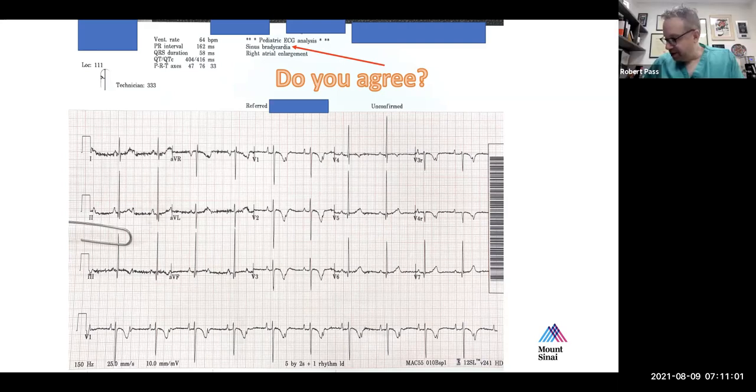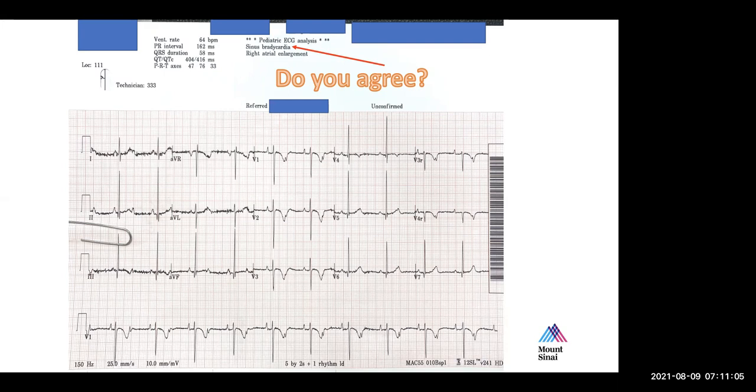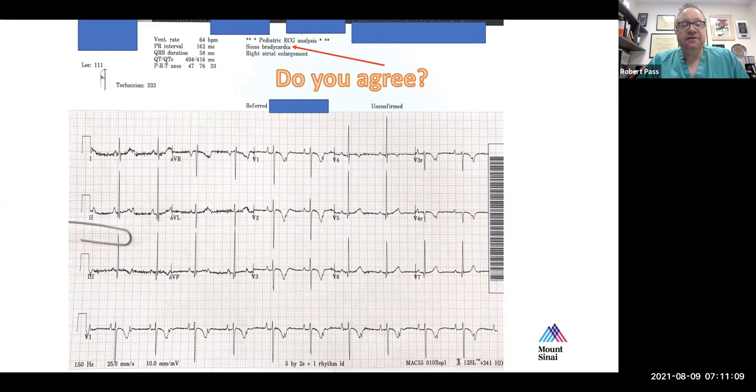Well, it depends on the patient's age, but 50 to 55 is the range. Is there anything else that would concern you if you saw a Holter? Let's say you did a Holter and the average rate was 70, so you're okay from that perspective. What else would you be looking for?